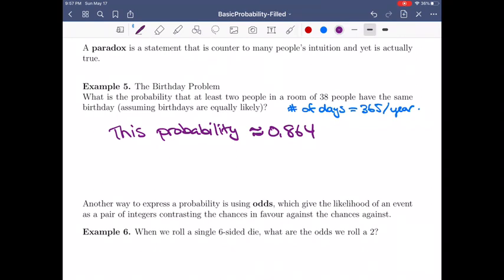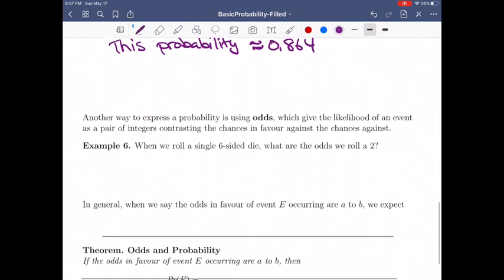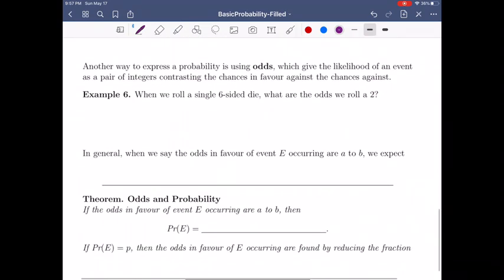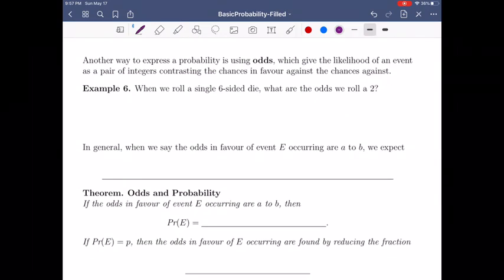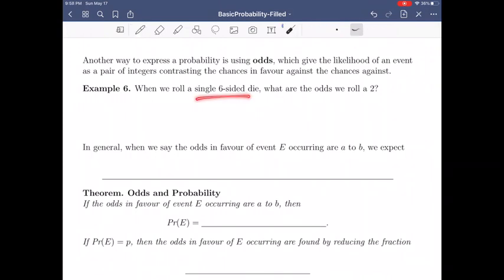The last thing I want to talk about here is another way to express probability, which is called odds. Instead of giving the probability, you give the odds of the likelihood that it will happen. You give it as a pair of integers, the chances in favor versus the chances against. For example, when we roll a 6-sided die, what are the odds we roll a 2?